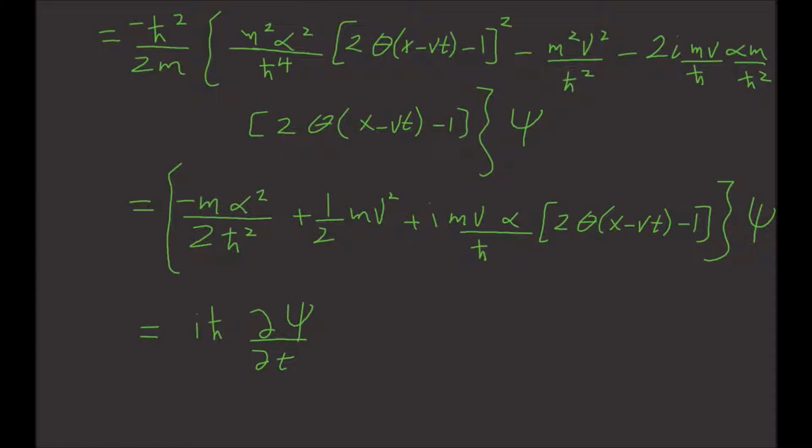So now let's just move forward to part B, where we have to find the expectation value of the Hamiltonian. So first let's find the probability density. So psi star psi is equal to m times alpha divided by h bar squared times e to the minus 2m alpha times absolute value of y divided by h bar squared.